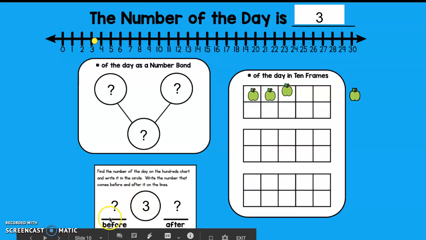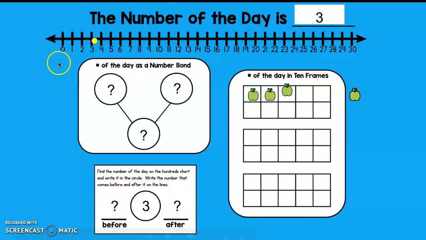All right, let's look at what number comes before and what number comes after the number 3. If we are using our number line, find the number 3 and point to it with your finger. Here it is. So what comes before? When we talk about before, we're talking about what comes in front. So what comes in front of the number 3? The number 2.